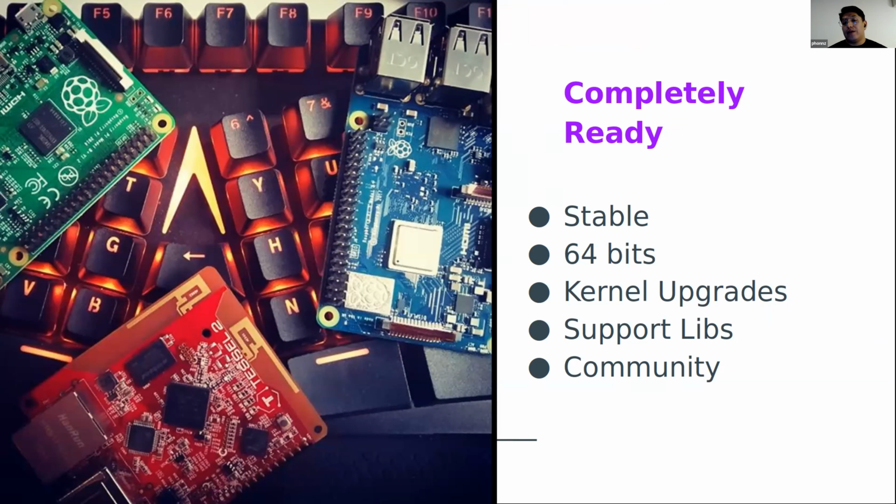So every time Raspberry Pi or some other organization from ARM devices releases a new kernel upgrade, it's completely available in the Nerves project.